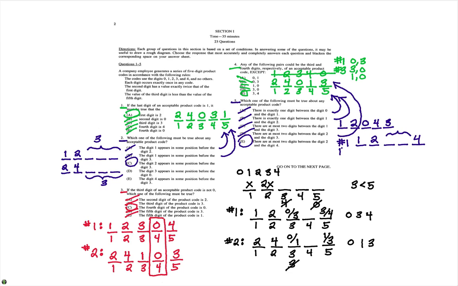The only other possibility, scenario 2, we know that 2 comes first, exactly twice that 4 comes second. So in scenario 2, there are no digits between the 2 and the 4. So again, proving that E must be true, there are at most 2 digits between digit 2 and the digit 4.